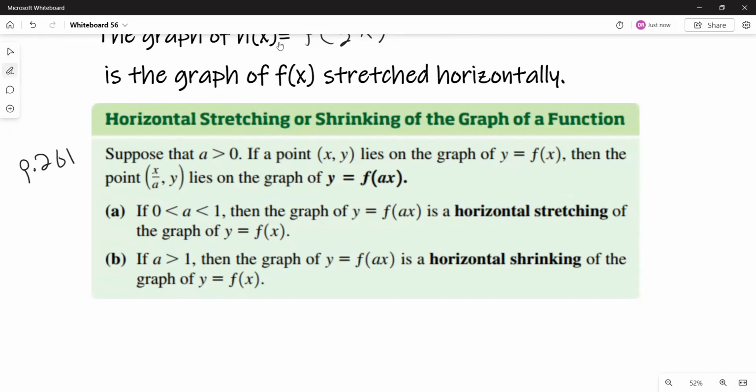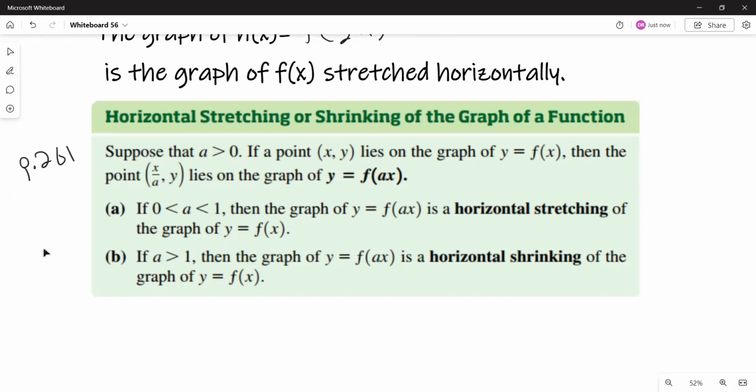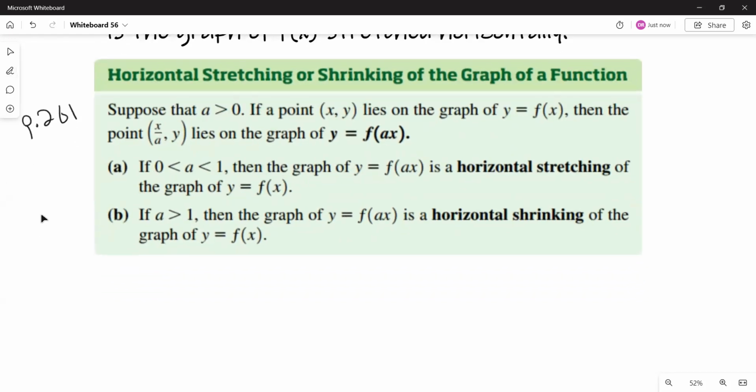If a point (x, y) lies on the graph of y equals f of x, then the point (x over a, y) lies on the graph of y equals f of ax. If a is between 0 and 1, then the graph of y equals f of ax is a horizontal stretching of the graph of y equals f of x. And if a is greater than 1, then the graph of y equals f of ax is a horizontal shrinking of the graph of y equals f of x.